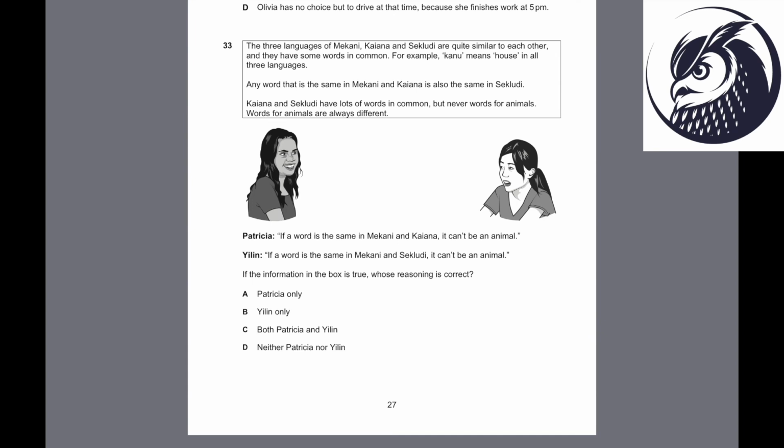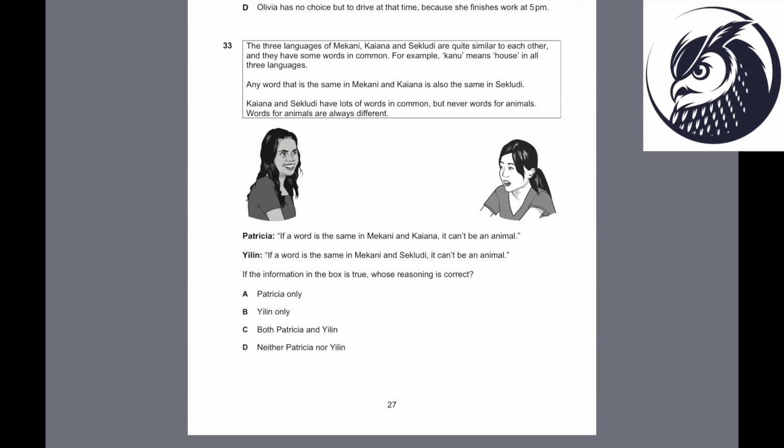Okay, so now let's look at our answer options. It says, if a word is the same in Mekani and Kayana, it can't be an animal. Oh, first of all, before we assess Patricia and Yilin's statements, let's quickly summarize what's being told to us in the scenario in a bit of a flowchart or diagram.